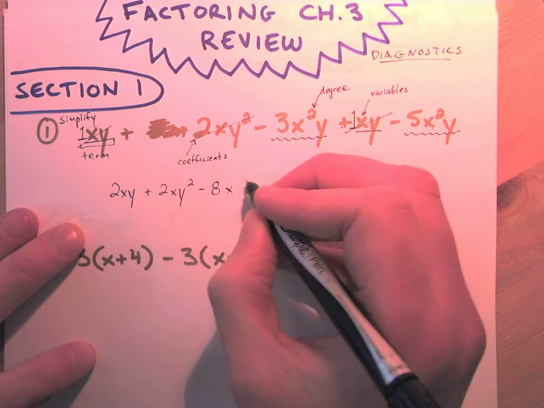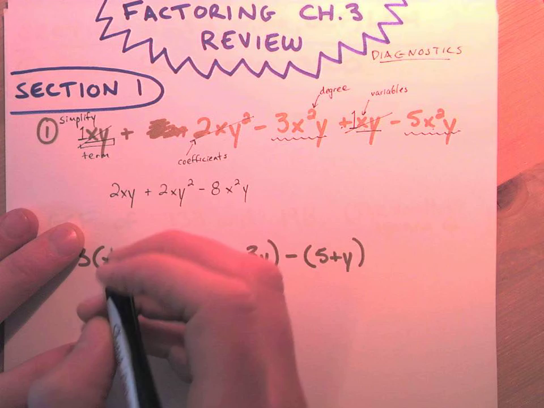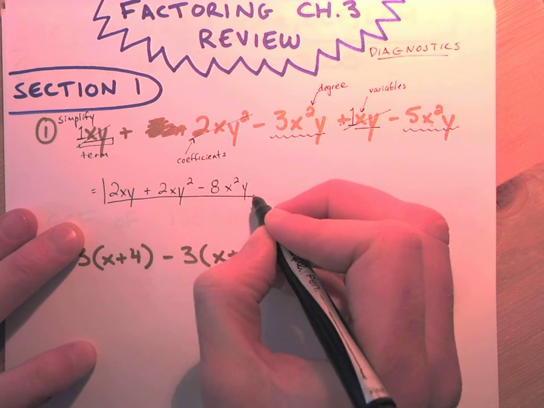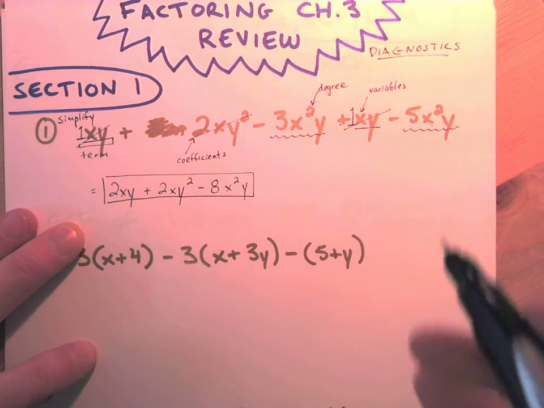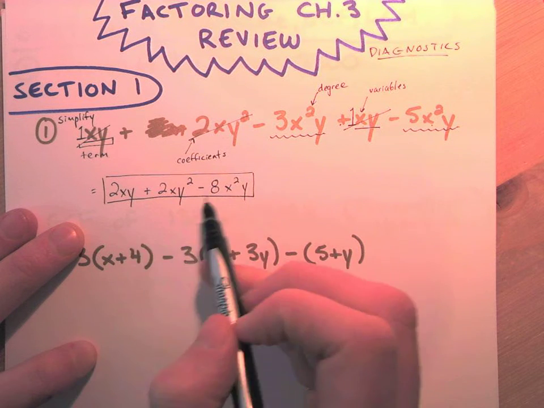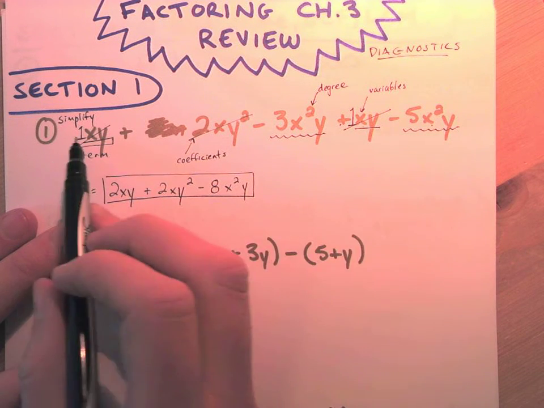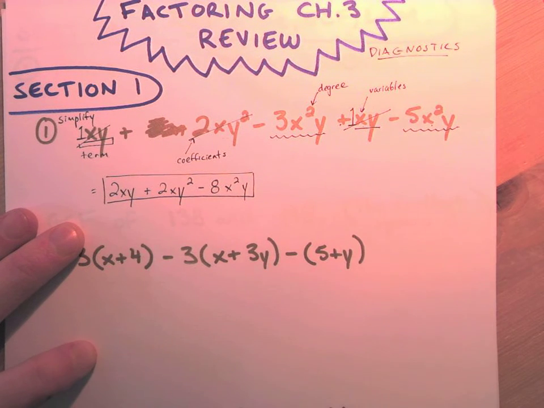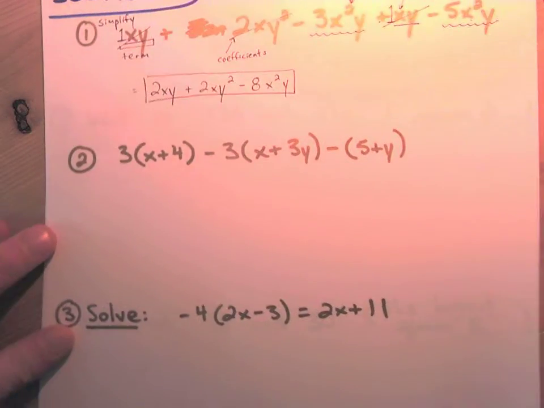And then we just write the variables again, x squared y. And that is the same polynomial, but just a different version as this 5-term one. Okay, but this one's only 3 terms, 1, 2, 3. Okay, so that's the simpler version of that same thing.